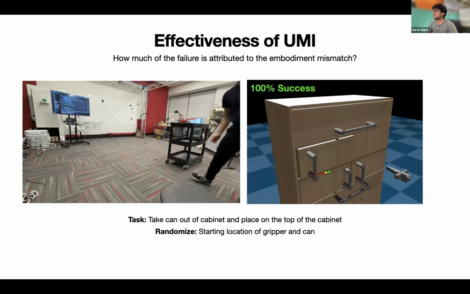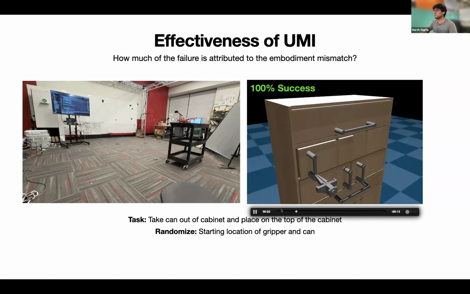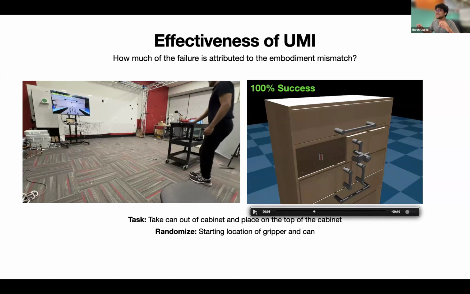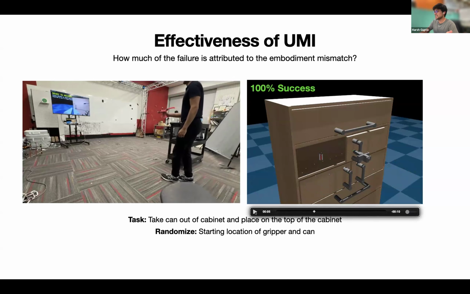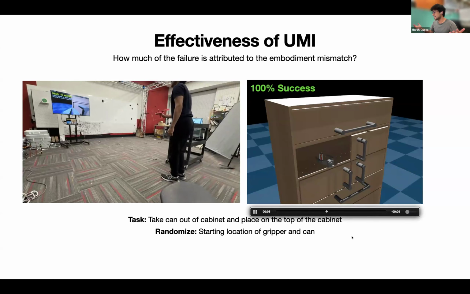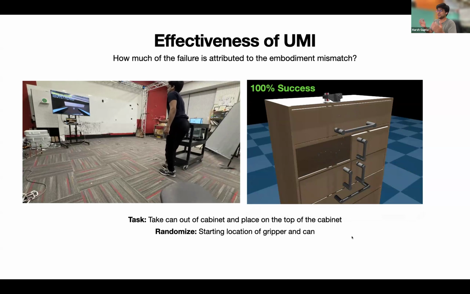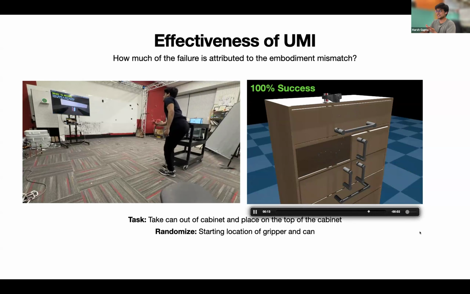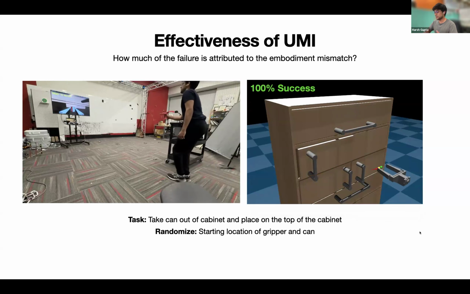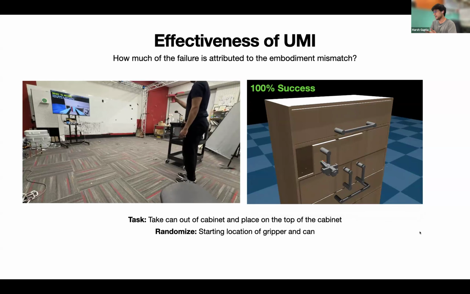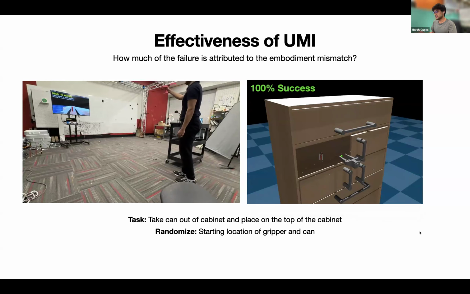You can test policies this way by executing the same UMI device in the simulation itself. In this case, if you had a perfect robot that could perfectly match the action outputs from the diffusion policy you're training, you can achieve 100% success.